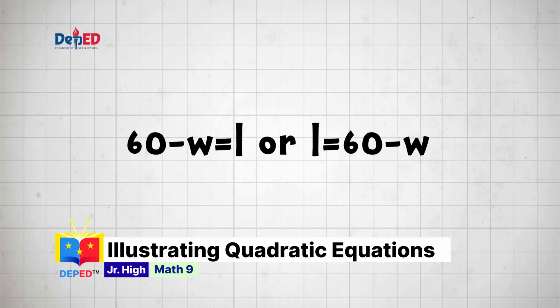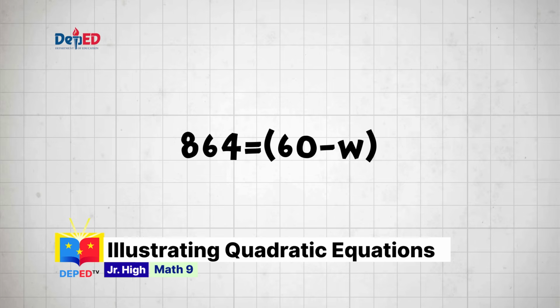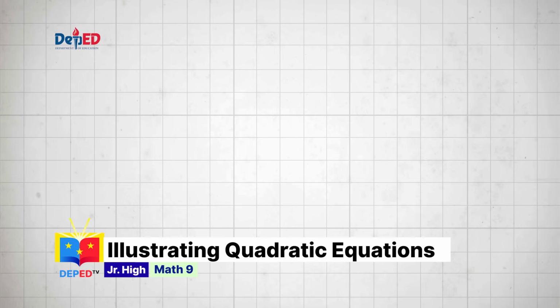Now by substituting 60 minus W in place of L in the equation 864 equals L times W, it is going to look like this. 864 equals 60 minus W times W. Let's multiply the quantities on the right side.